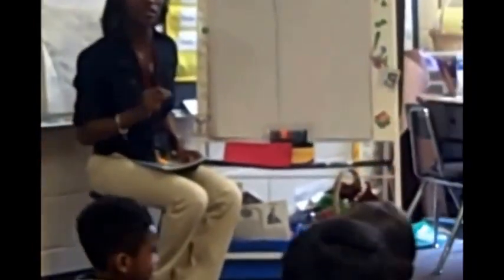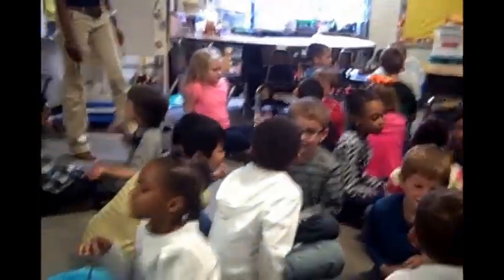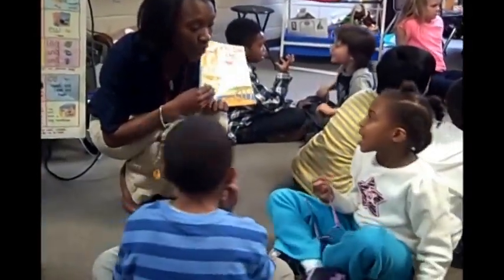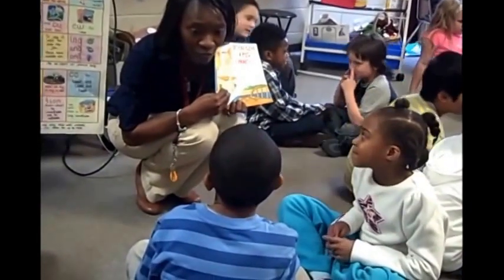Tell your neighbor about what you think he's going to want. Sarah? Oh, that's a good one. All right, turn and talk. If you give a pig a pancake, what do you think she'll want?